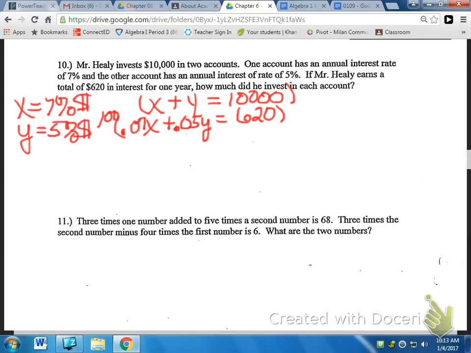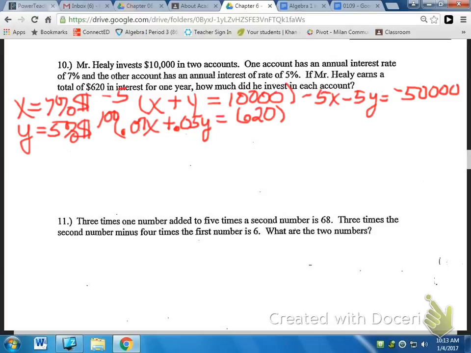What would I want to take the top equation by maybe? 5, maybe a 5 or maybe a 7. Negative 5. It could be 7 or negative 7, but I'm going to do one negative. Is that okay with you? So the top equation would be then negative 5x minus 5y equals negative 50,000.